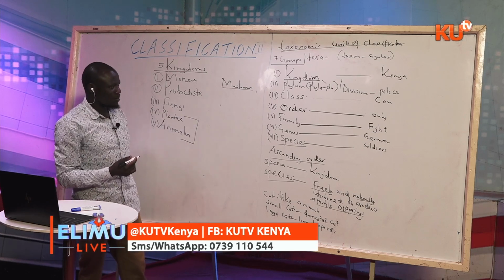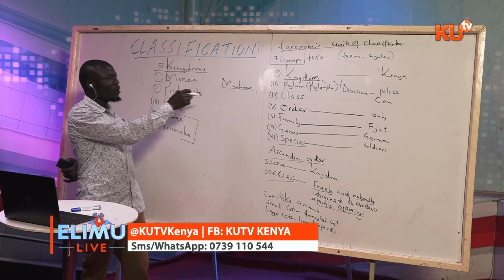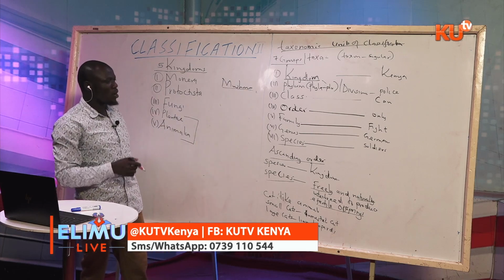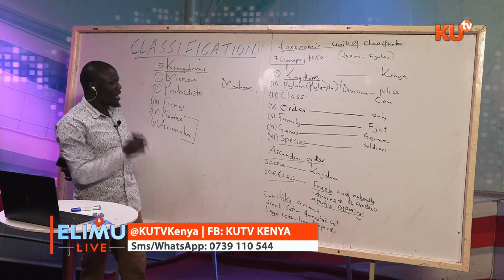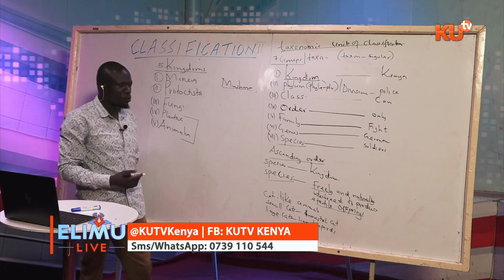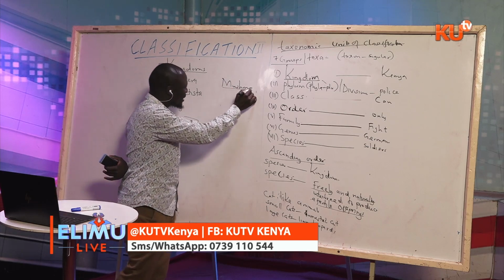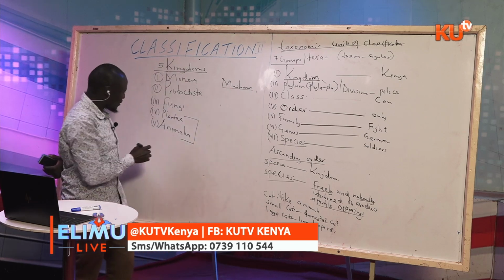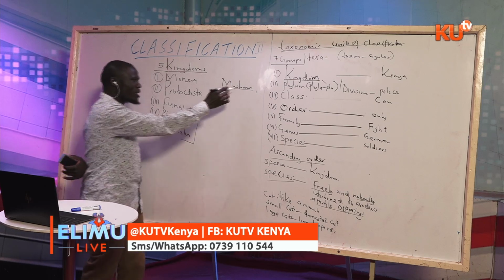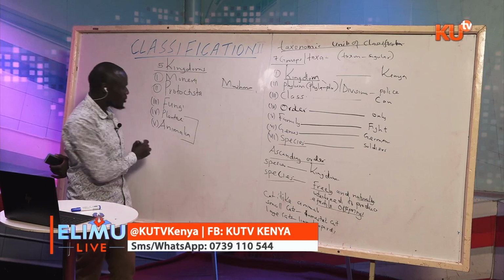But look at it. This organism called mushroom is not able to make its own food. All plants have chlorophyll, and therefore they should be able to make their own food. But this mushroom is not able to make its own food. So it was hard for those scientists to place it under Kingdom Plantae or Animalia, because it depends on ready-made food, just like an animal.